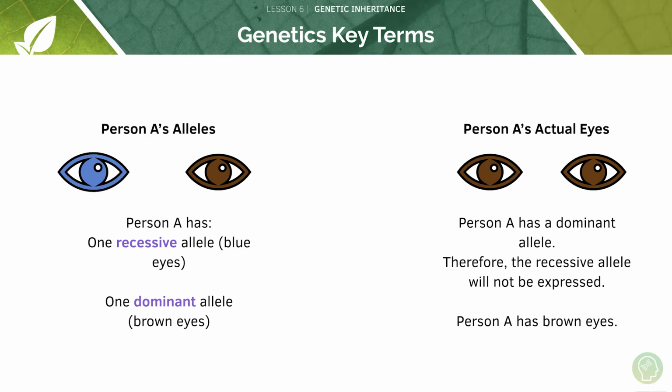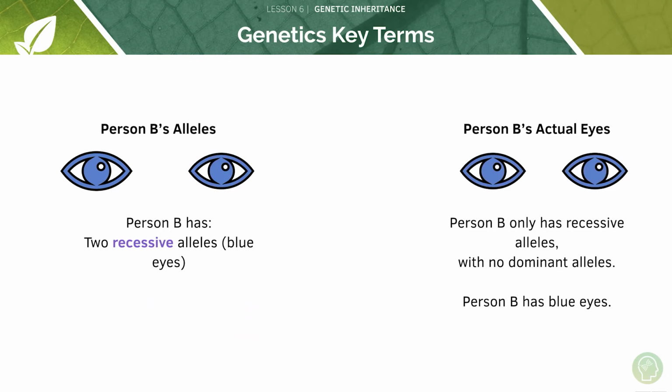So that means that because we have this dominant allele present, it's always going to present. So the dominant allele here is our brown eyes. So that means person A must have brown eyes, even though person A also has the blue eye allele, but it cannot be expressed because the dominant one is always dominant.